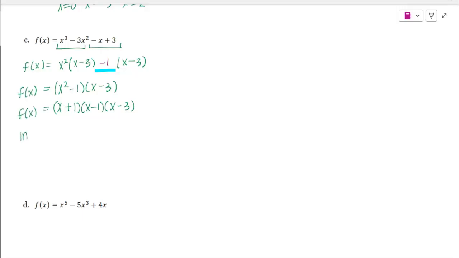And then as far as my x-intercepts go, looking at 0 equaling this factored version, I get negative 1 as one of the zeros. I'm getting 1 as one of the x-intercepts, and 3.